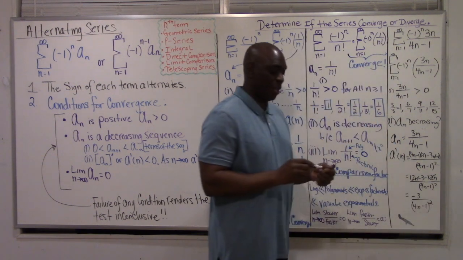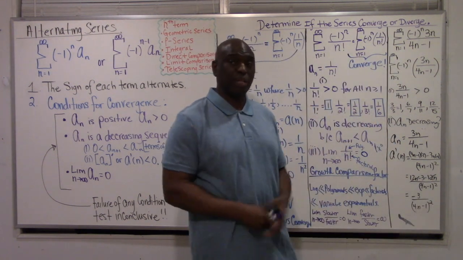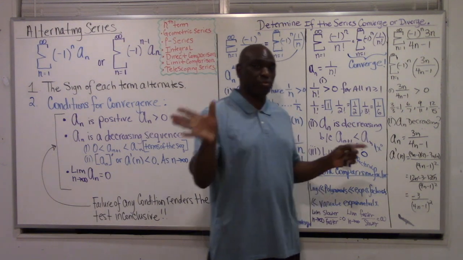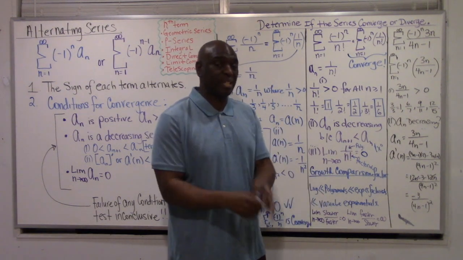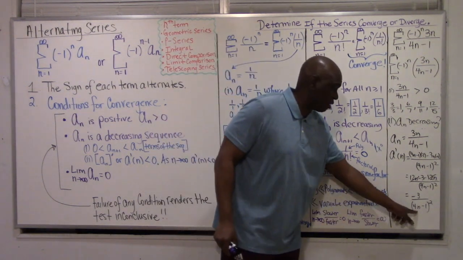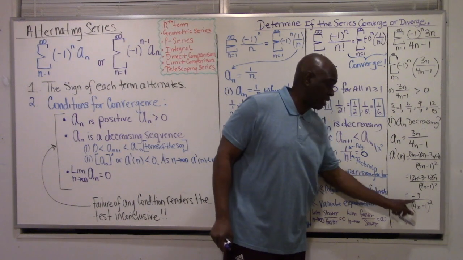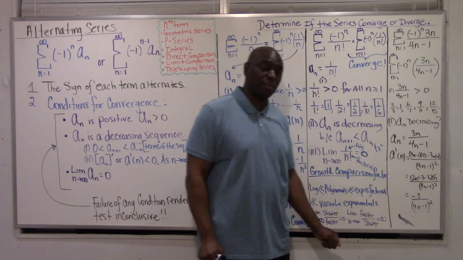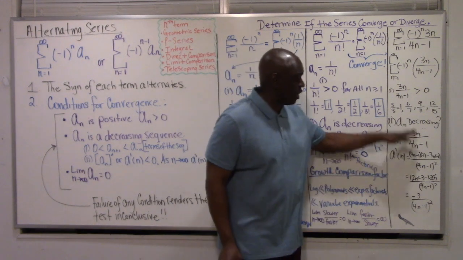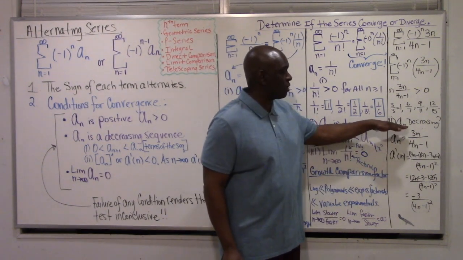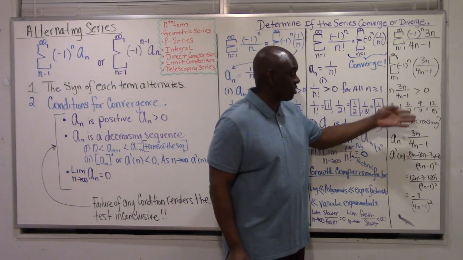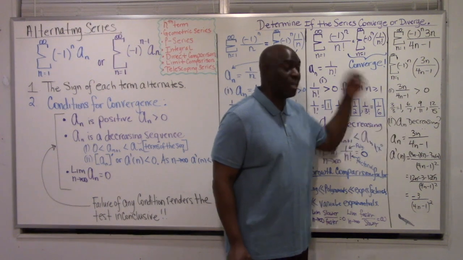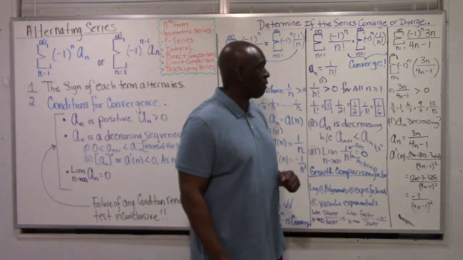There you go. No matter what value you place in for n, when n is 1, n is 2, n is 3, n is 4, you're going to get a negative number because of that negative 3 right there. So you can prove it with calculus or without calculus that our sequence, a subscript n, is decreasing.